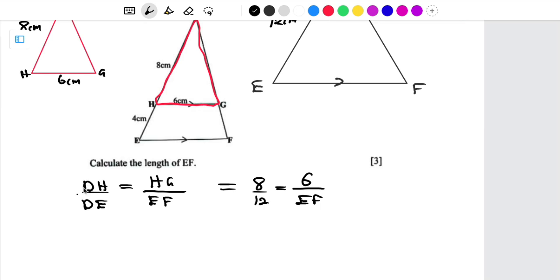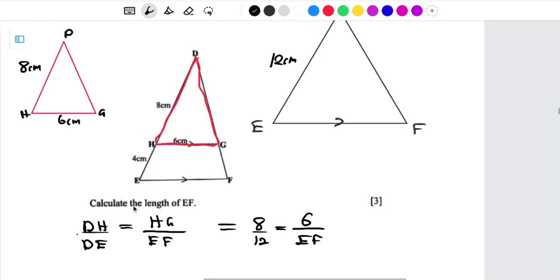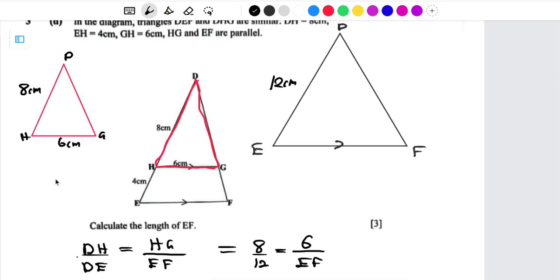Remember, if you start with the ratios of the smaller triangle on top, make sure that they are on top throughout. What I mean is this: there is nowhere you can say DH is similar to DE, and then start with the bigger triangle by putting EF on top and saying it is similar to HG.